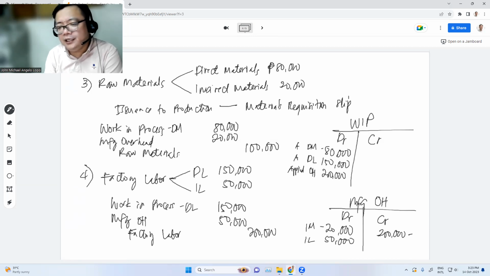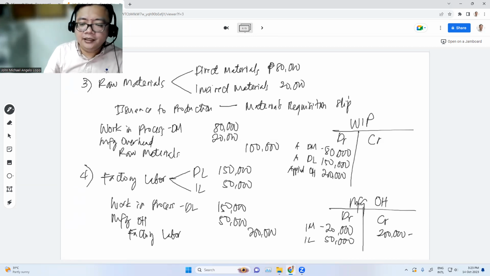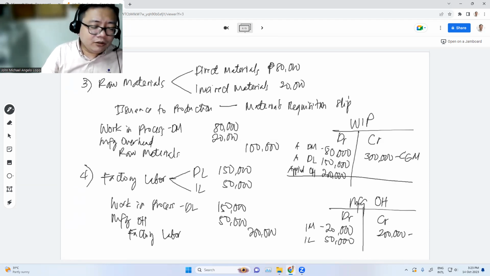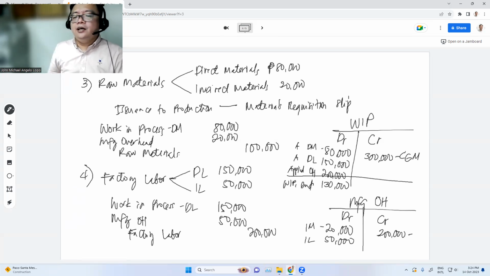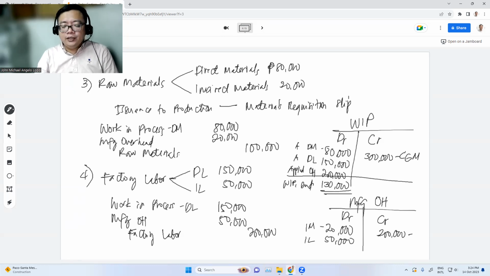Out of 430, sabihin natin, class, yung 300,000 nito ay magiging part na ng cost of goods manufactured. Ibig sabihin, tapos na. So, magkano class yung ating ending? 430 minus 300. Our ending here is worth 130,000. What is 130,000? That's your work in process ending.